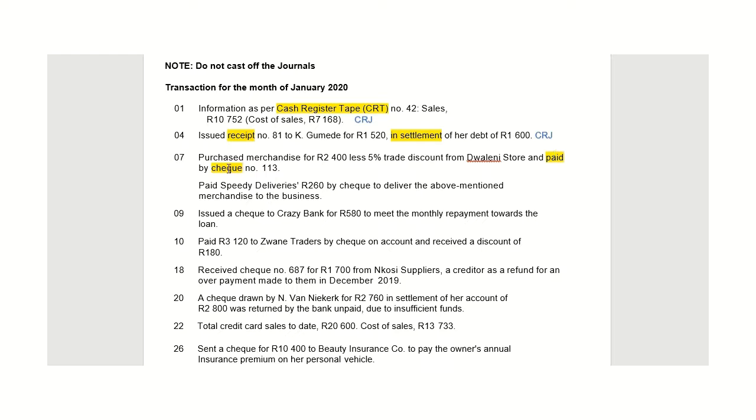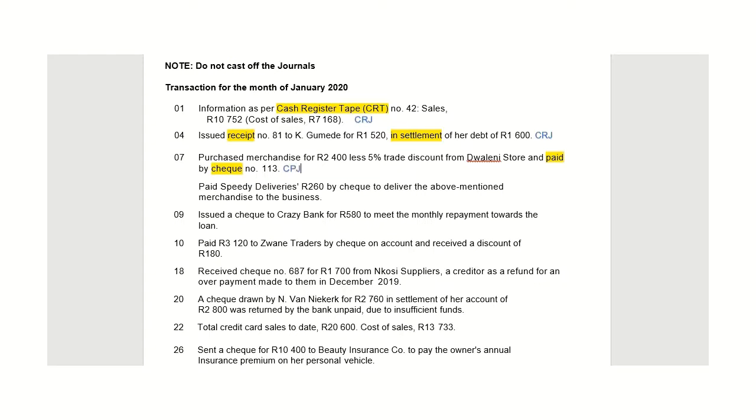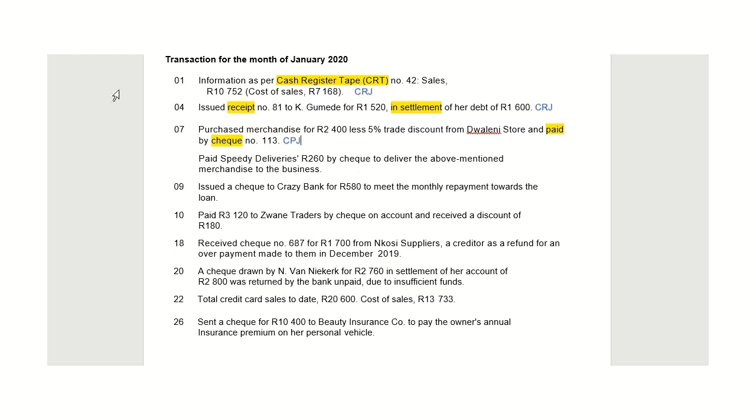If we pay a check or we issue a check, it's a CPJ, but we can also receive a check. If it is receive, it means it's a CRJ. But this one was paid, so it will be a CPJ.